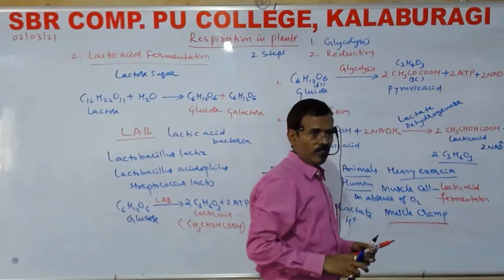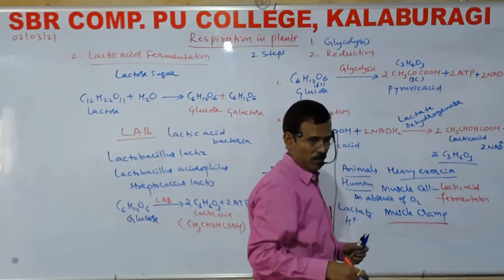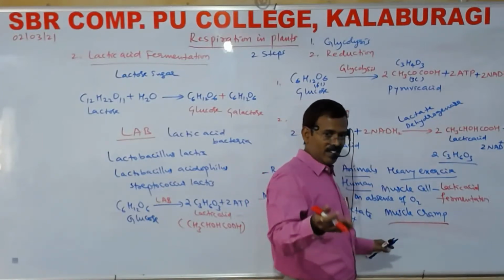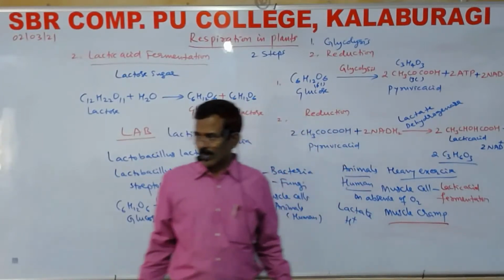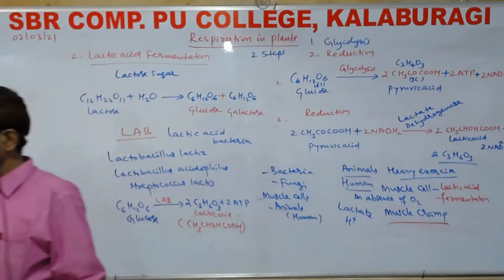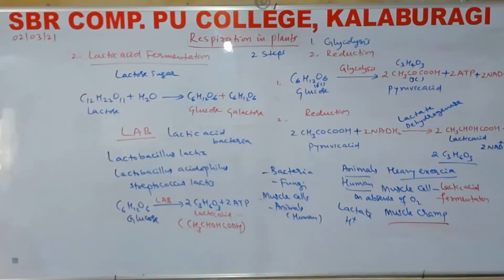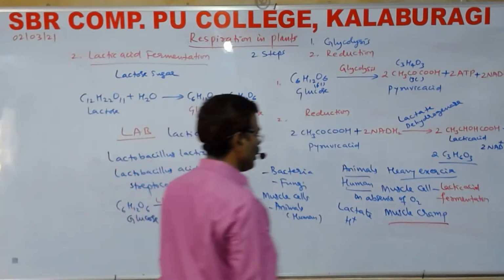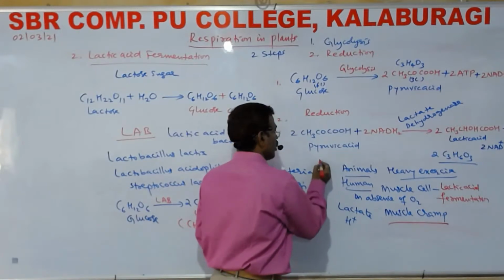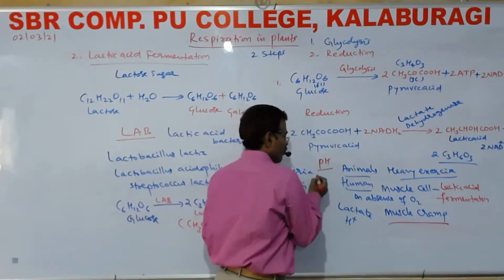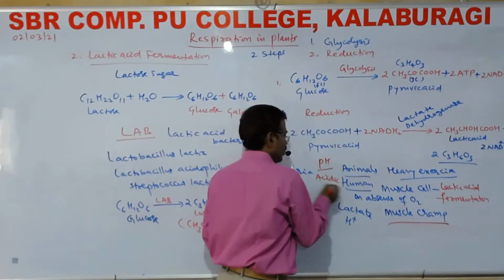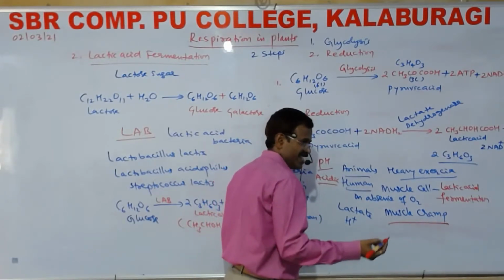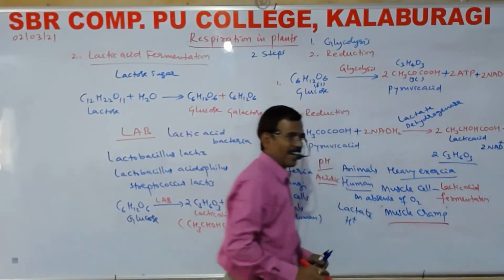Muscle cramp is very painful. It happens because of lactic acid fermentation. Remember this: lactic acid dissociates into lactate ion and proton, protons concentrate in the muscle cell, leading to a decrease in pH. This condition results in the extremely painful condition that we call a muscle cramp.